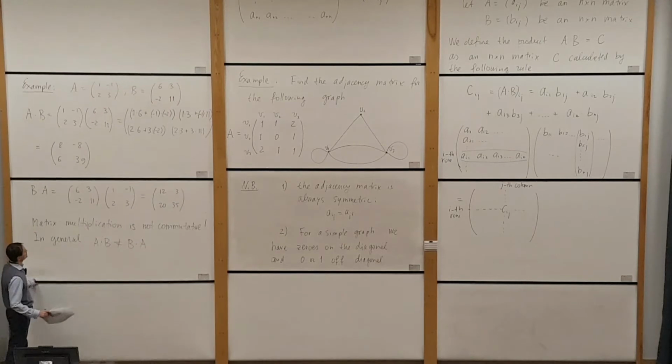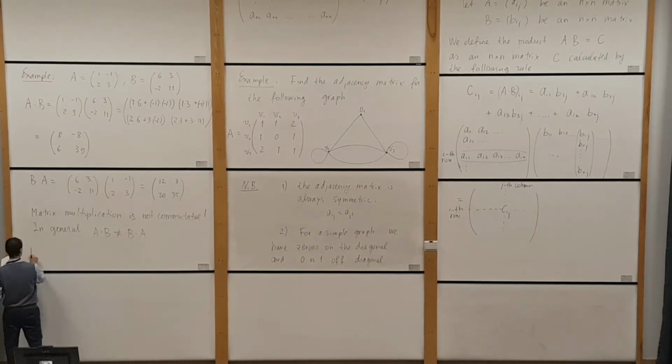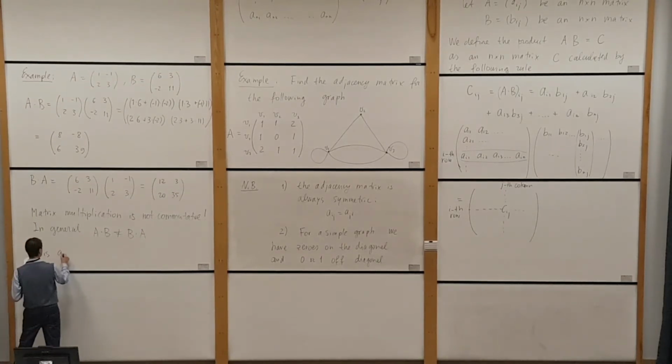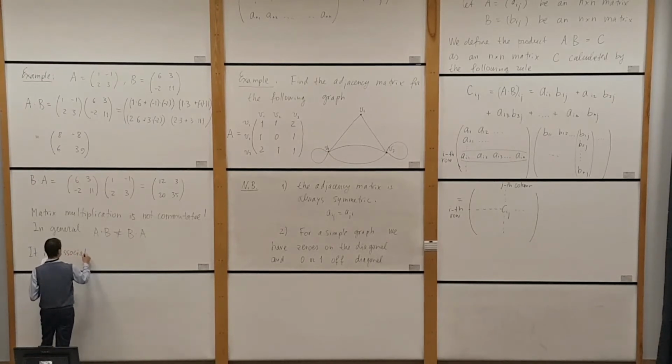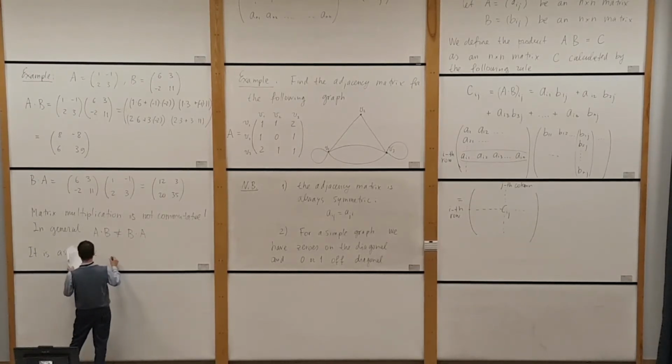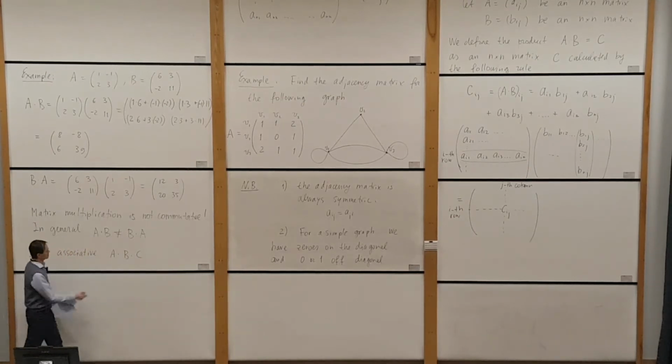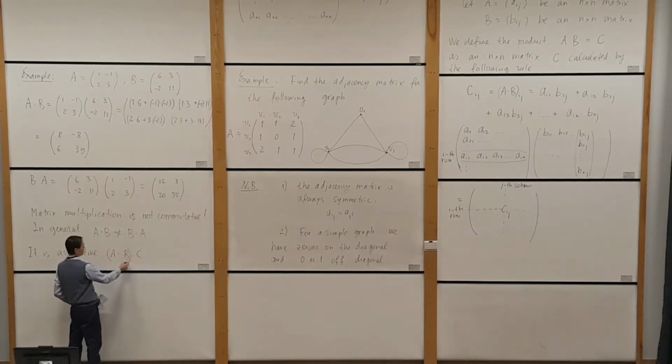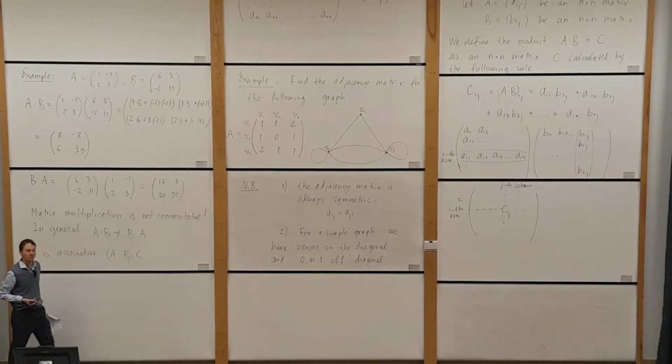However, it is associative. For example, if you have to multiply 3 different matrices, you can either first multiply A times B, and then the resulting matrix multiplied by matrix C on the right.